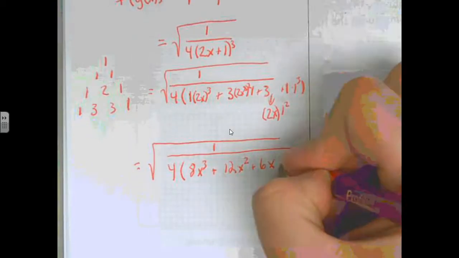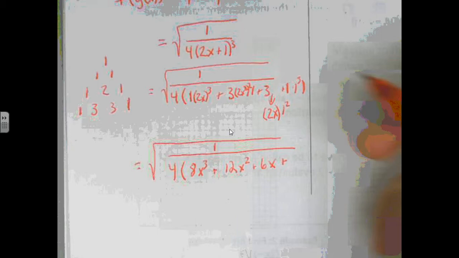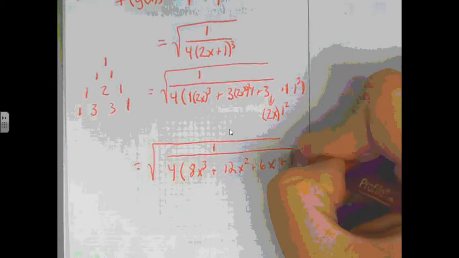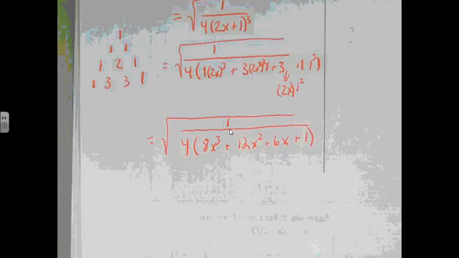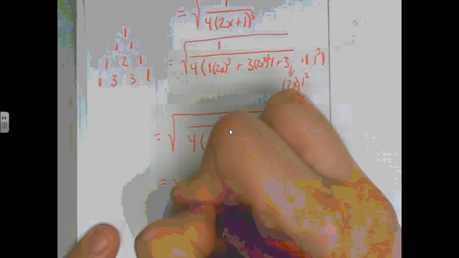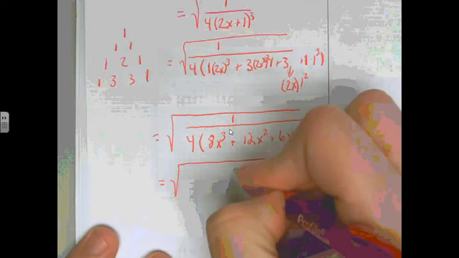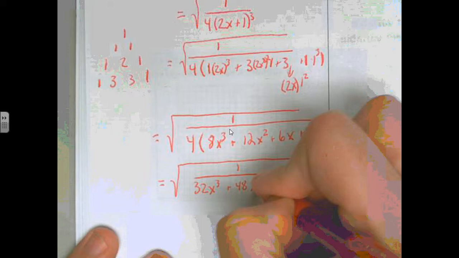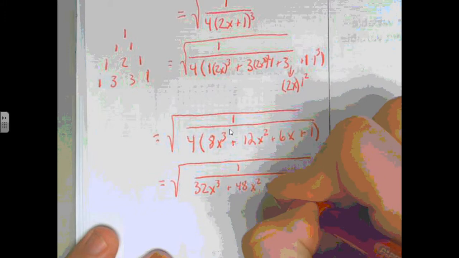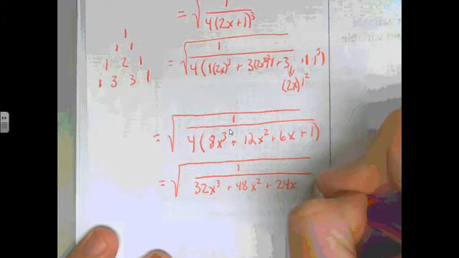And then 1 times 1 times 1 times 1 is just 1. One more thing. We're going to multiply everything by 4. 32x cubed plus 48x squared plus 24x plus 4.